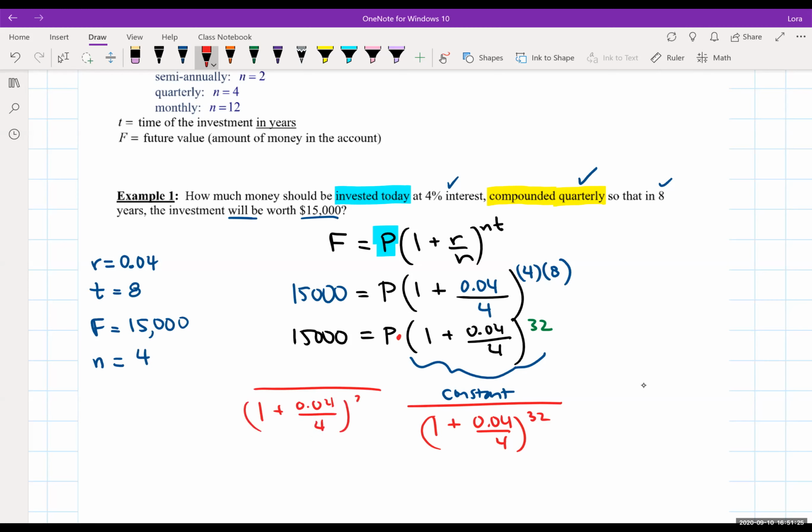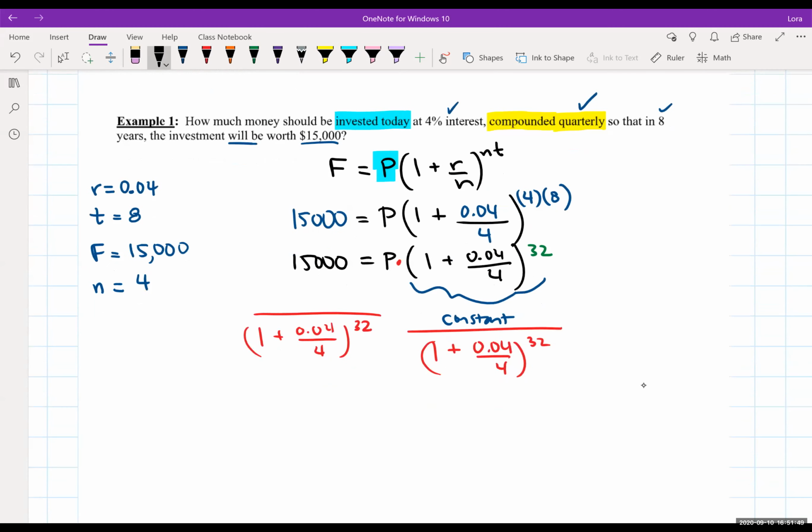So technically, you do have an exact form of what your P will end up being. And it's up to you. You may have been inclined to maybe simplify the parentheses to start with. I guess it depends if you have a TI or not. I always like to use the exact values because sometimes we end up with those irrational numbers that we don't want to cut off too soon, otherwise we'll make the problem inaccurate. So let's go back and just show you that when I do solve for P, we divide out.